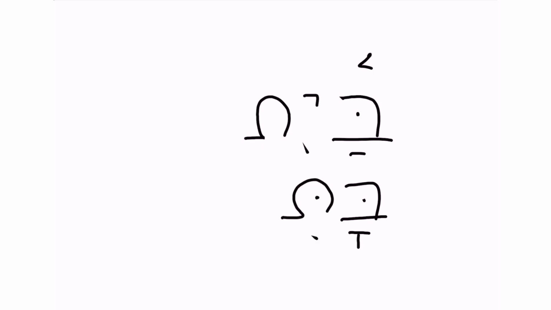The word for house, bayit, which has this ayi vowel pattern, goes to batim. Bayit, batim. The word for son, ben, will go to banim.